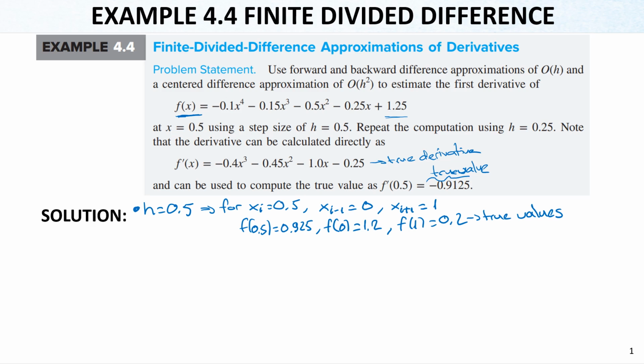Let's use forward difference first. I will not write the function, but I will just write the values. So the first derivative, 4.5, is equivalent to forward difference, xi plus 1 minus xi, and these are the function values.